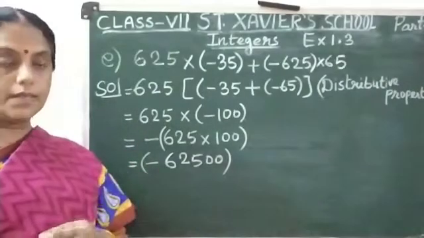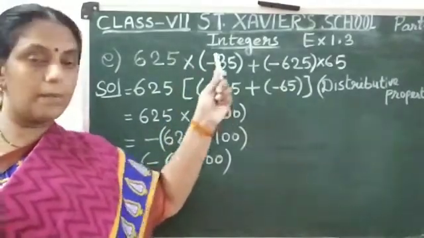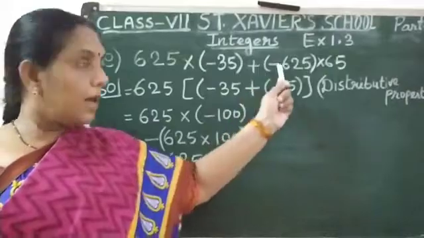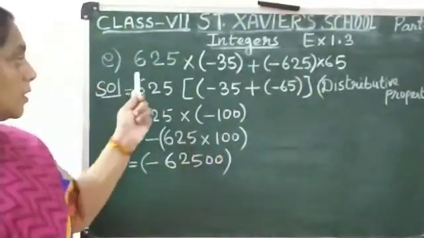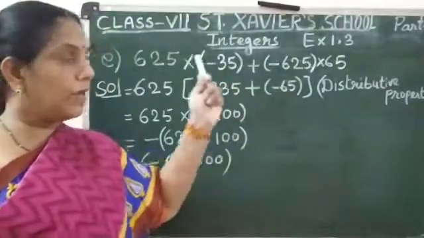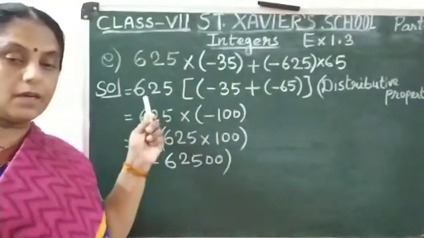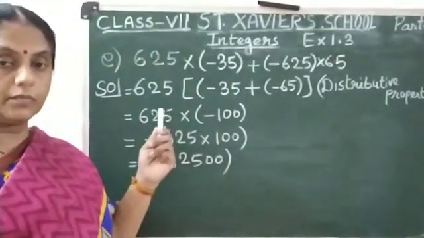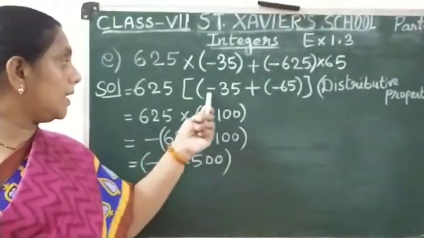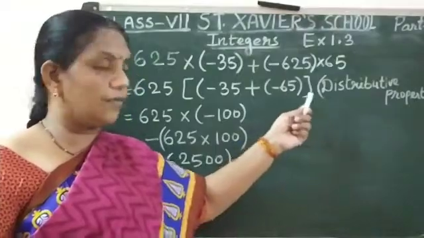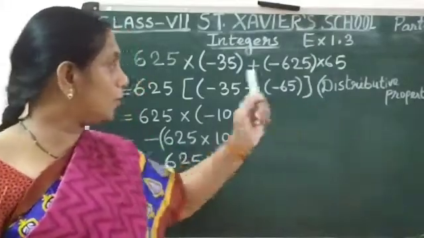Now E is 625 multiplied by minus 35 plus minus 625 multiplied by 65. So here in this one, 625 is common in between these two. So 625 into (minus 35 plus minus 65). So we are making use of the distributive property.